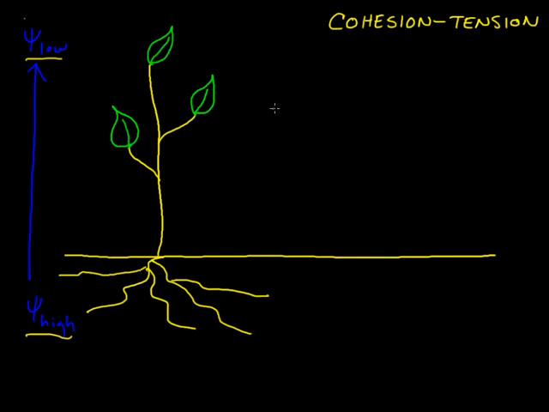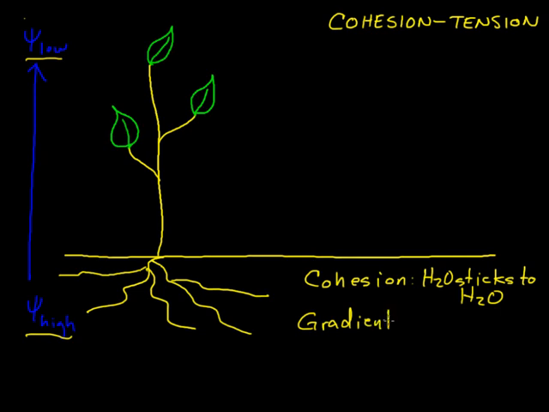We've got two main components of cohesion tension. We've got cohesion, which you should recall means that water sticks to water. The other driving force is the gradient itself. Now, as water evaporates from the surface of a leaf, it makes the jump from an area of high concentration or high water potential to an area of lower water potential out in the air.